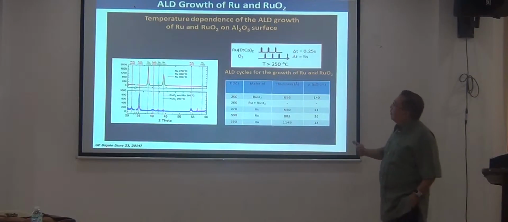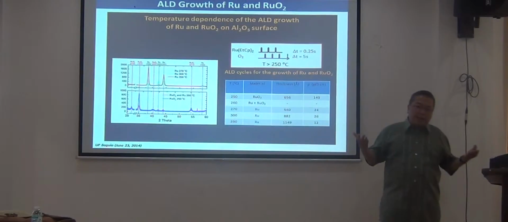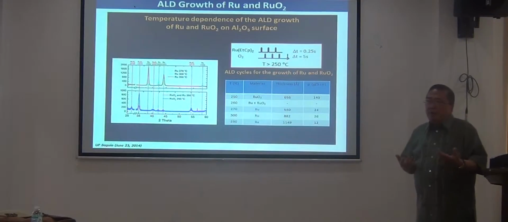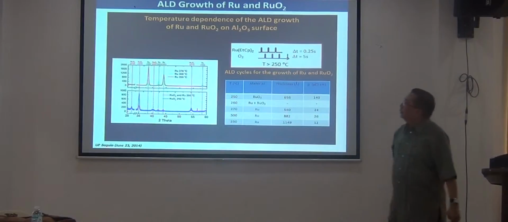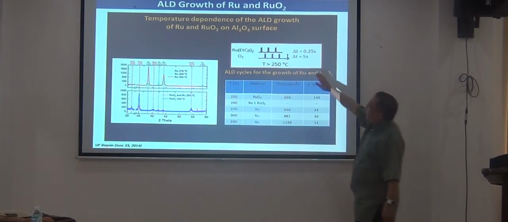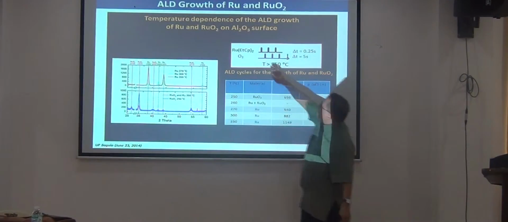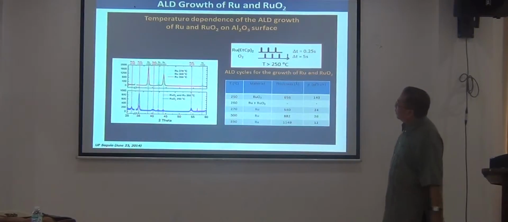So the first thing that we did, of course, was, there's not a very well-known recipe for depositing ruthenium and ruthenium oxide. So this is a commercially available precursor. So you use this precursor plus oxygen to make these materials.